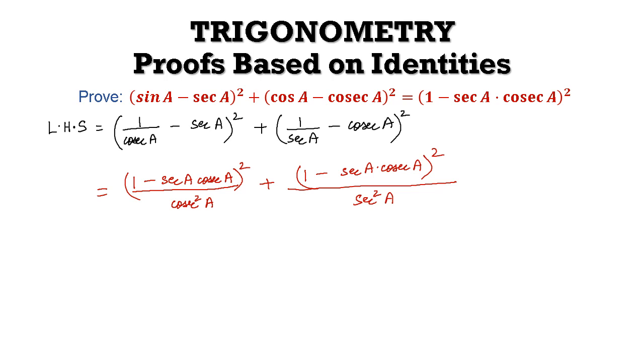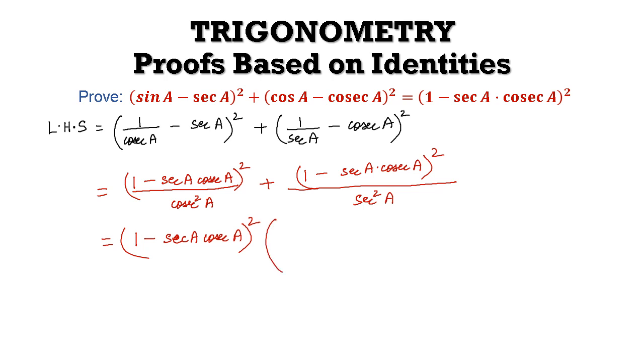Now you can see that the whole square on the numerator is a common factor. So let's take it common, and it is also equal to the right hand side. So (1 minus secant A cosecant A) whole square is the common factor.